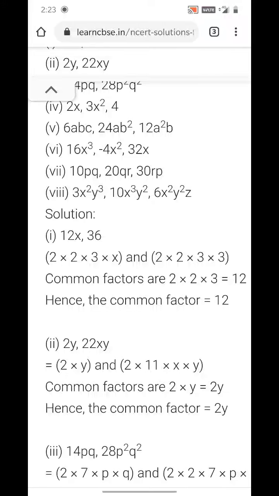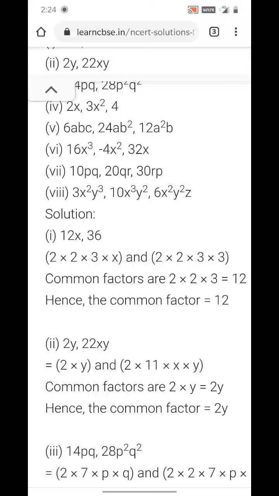In case you do not remember how to do prime factorization, then you must revise square roots. For 36, start from the lowest prime number, that is 2. 2 18s are 36, 2 9s are 18, 3 3s are 9. So 36's prime factorization is 2 into 2 into 3 into 3.